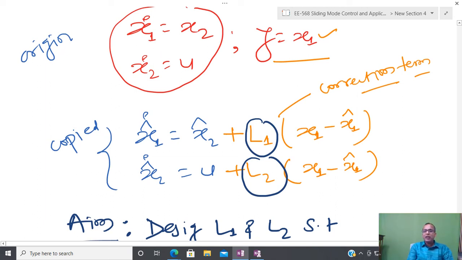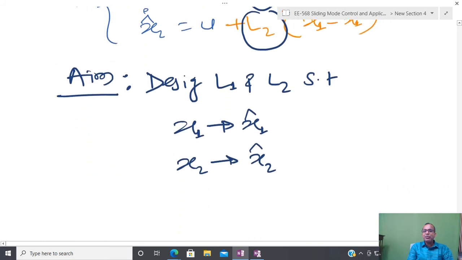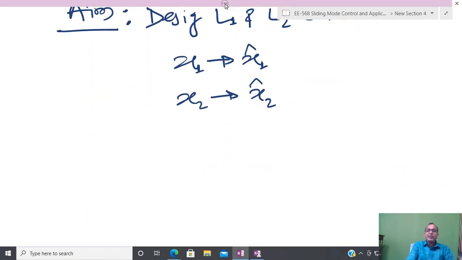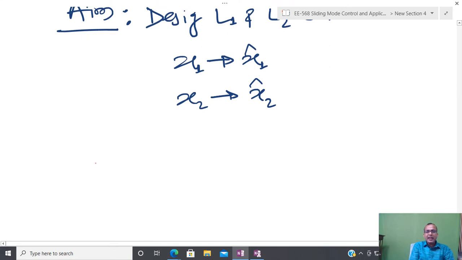So I have to define some kind of error between these two dynamics. The error variable E1 I am going to define as x1 minus x1 cap, or you can also define it the other way, x1 cap minus x1. That doesn't matter, it is not going to alter my analysis.